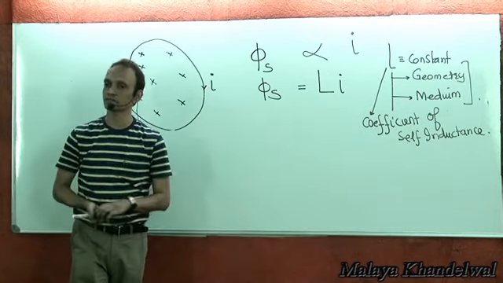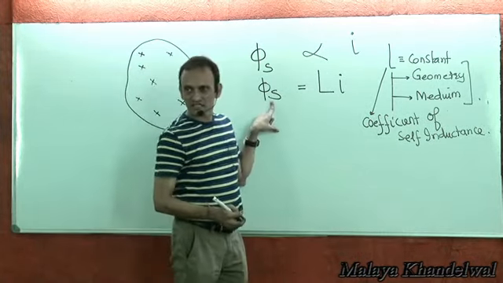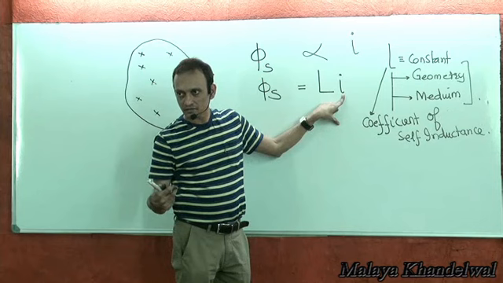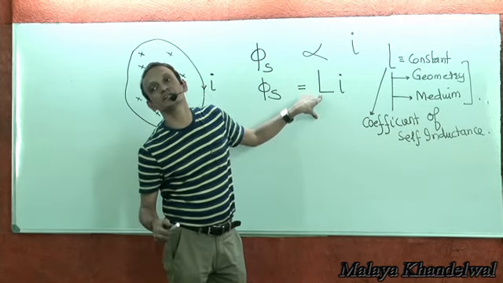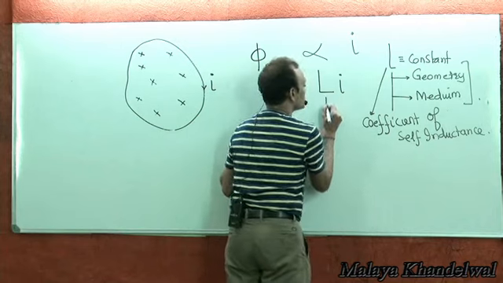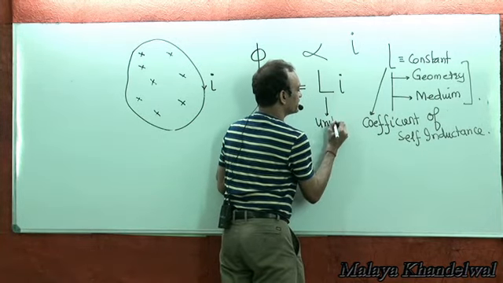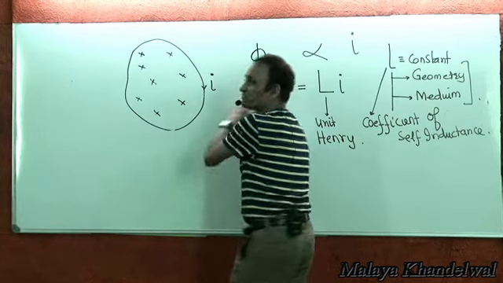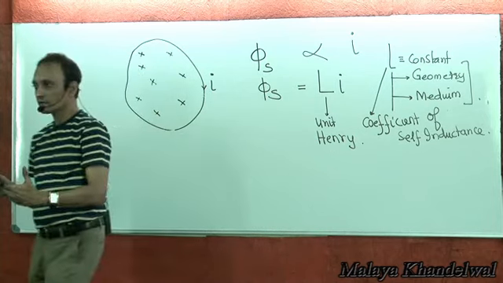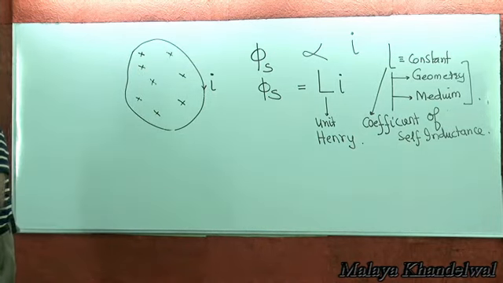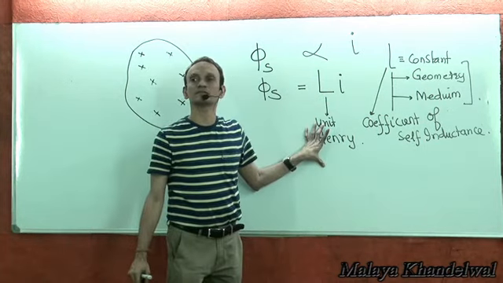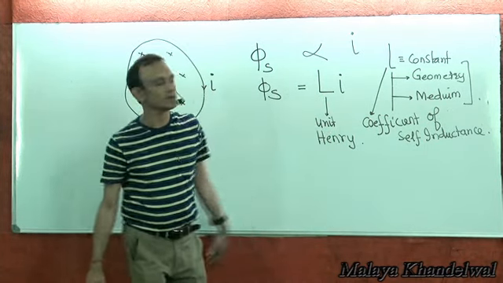Flux is in Webers, and this is current, and this L is measured in SI units, which is Henry. Flux is Weber, W-E-B-E-R, Tesla into meter squared. Tesla is B into area meter squared, that's Weber. And this is ampere. This L is referred to as Henry, the SI unit of L.